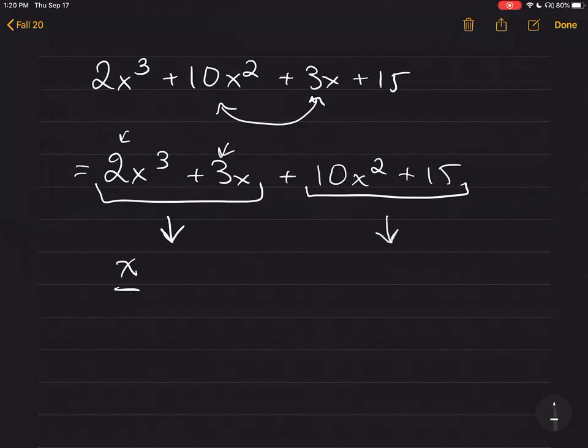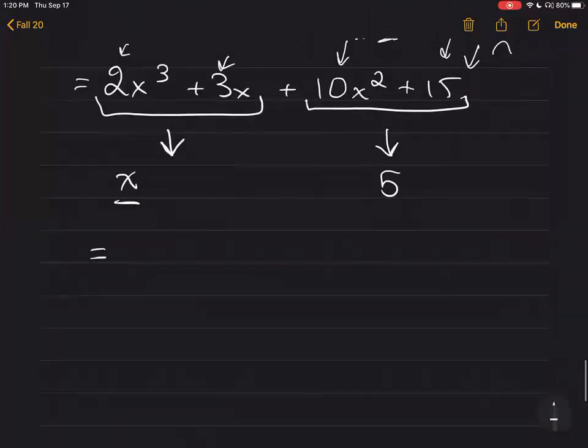And if we look over here, this 15 doesn't have an x, but 10 is 2 times 5, and 15 is 3 times 5, right? So they have a common factor of 5. So there's a 5 there. Now if we pull out this x from this one, this becomes 2x squared. So we take a copy of x out, plus, and then take the copy of x out there, 3, put the x on the outside.